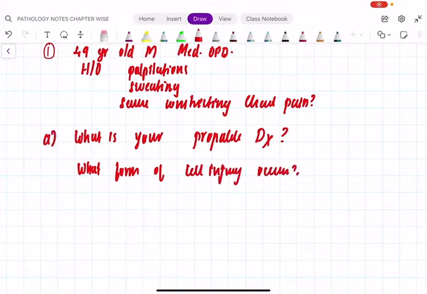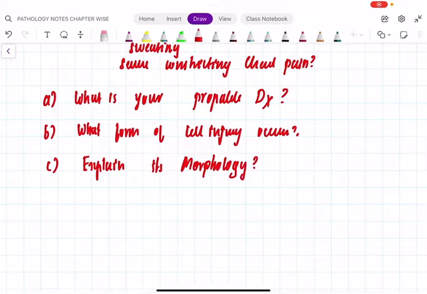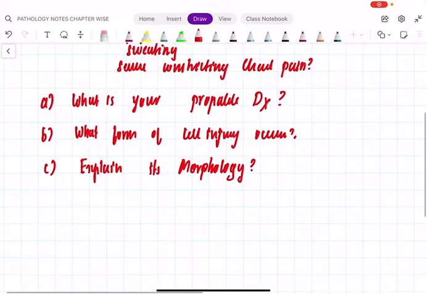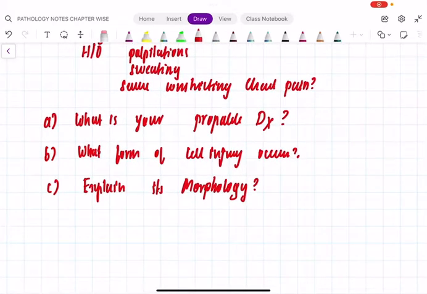So consider question number A, question number B, question number C. Explain its morphology. Yes, you are going to answer. It's like a discussion. So what is your most probable diagnosis? Anybody? It is MI, myocardial infarction.